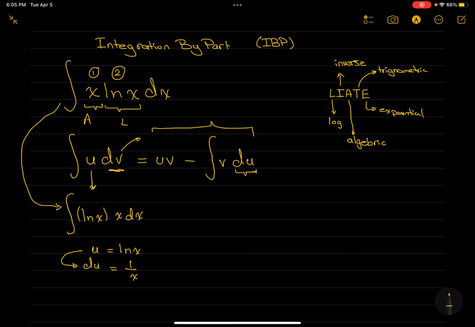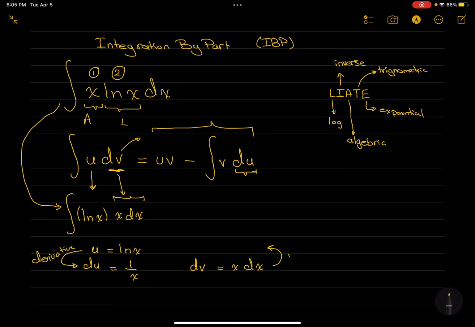Now, like I said before, what we have is not v. We have dv, right? I told you dv equals x dx. That means, in order to get my v, I need to do the opposite of that. Here I did the derivative.